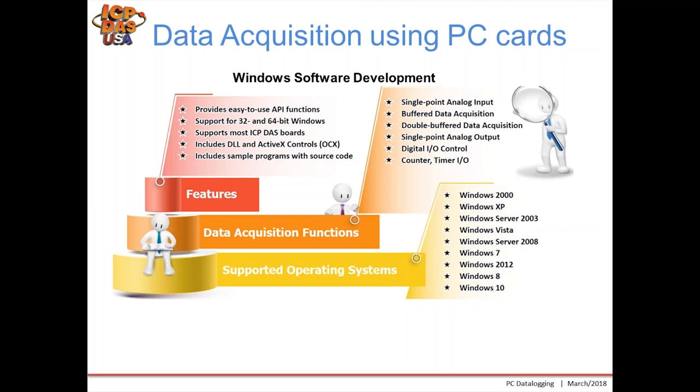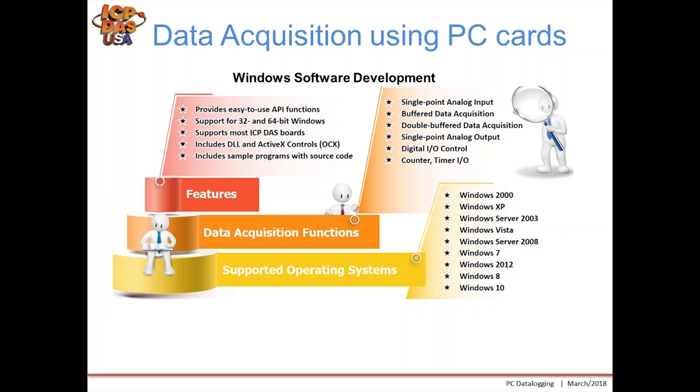But you can look at the sample programs with source code to see if it's compatible or will suit your application. The high-speed counter ones, analog input ones, and digital cards are the most popular, of course.